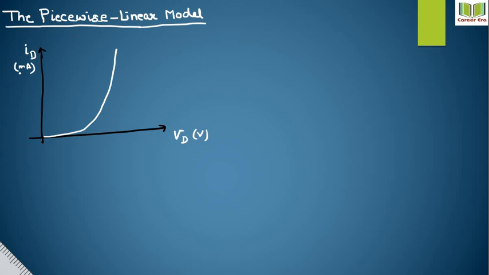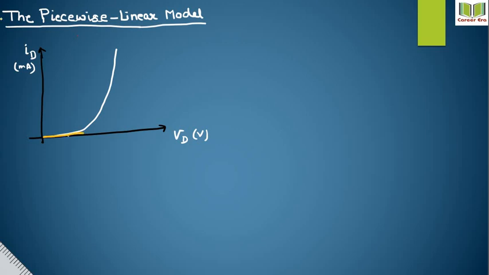In this method, the exponential curve is approximated by two straight lines, line A and line B, where line A has zero slope and line B has a slope of 1 upon RD, like this and like that.